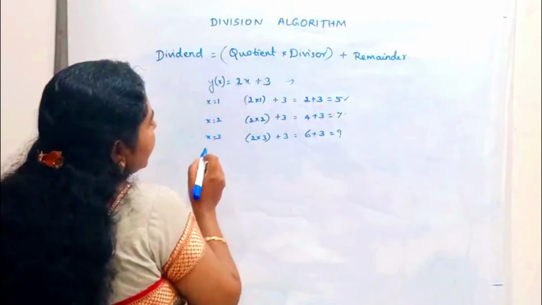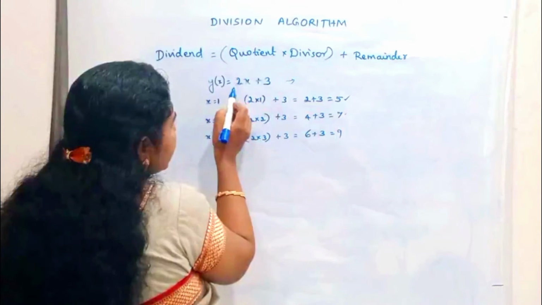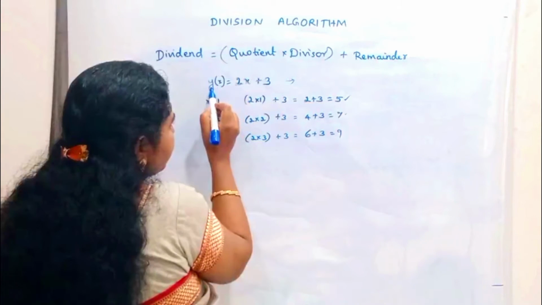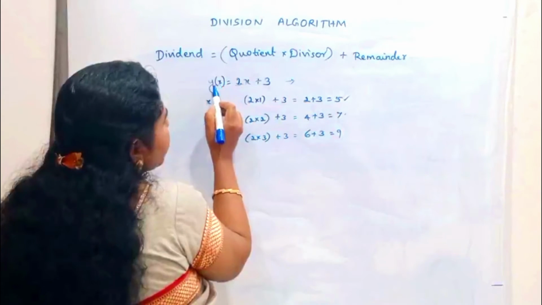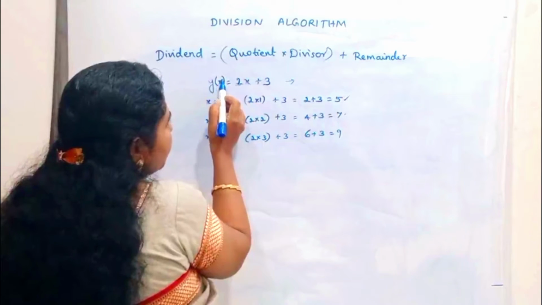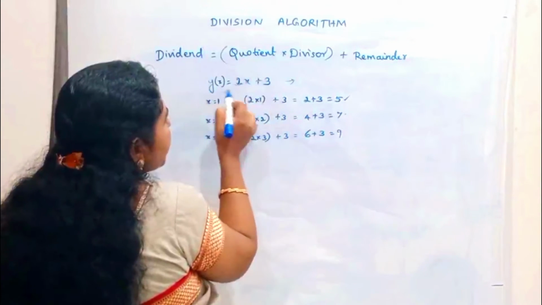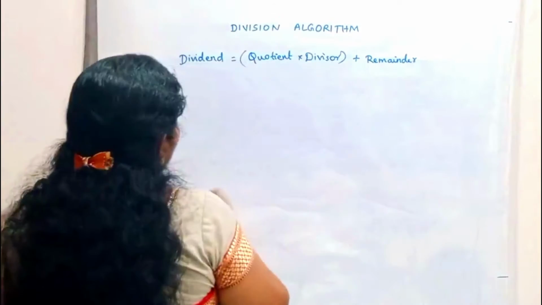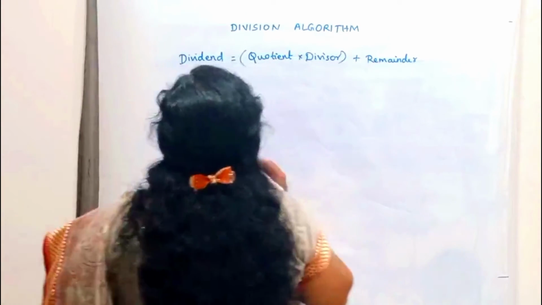It means that this 2x plus 3, this expression, is nothing but y of x. That means this is a function of x. When the value of x varies, the value of the expression also varies.